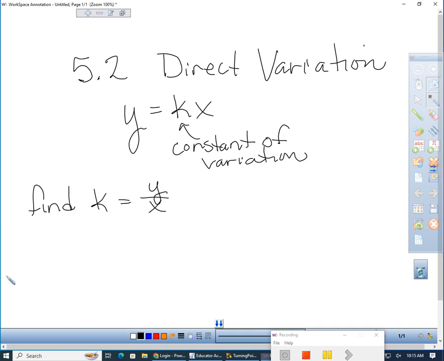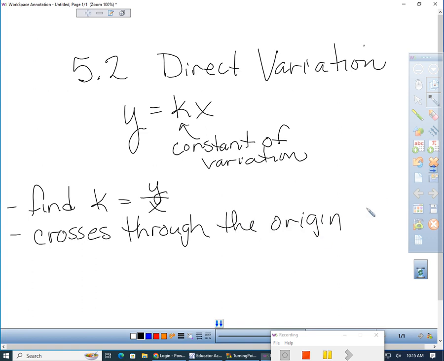Another very special thing about a direct variation is that a direct variation always crosses through the origin, or the point 0, 0. So all direct variations go through the origin.